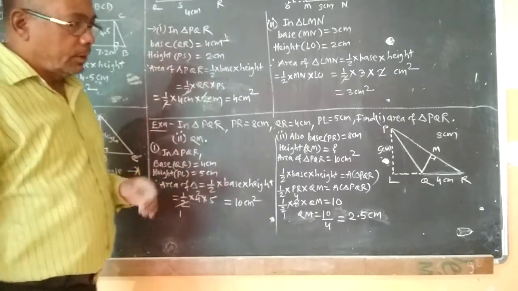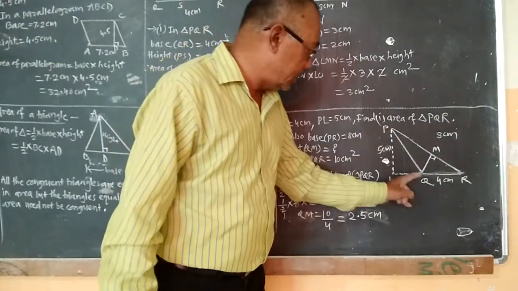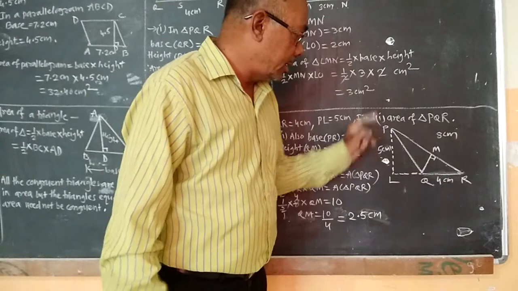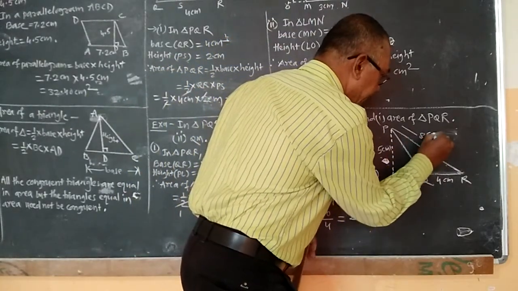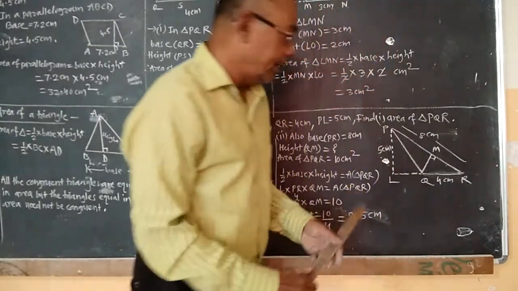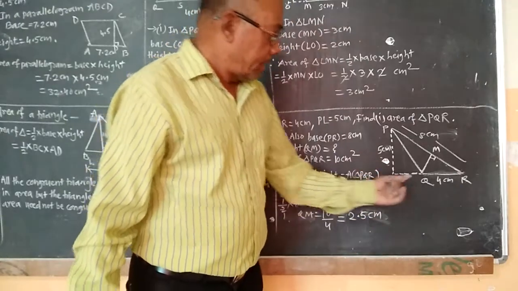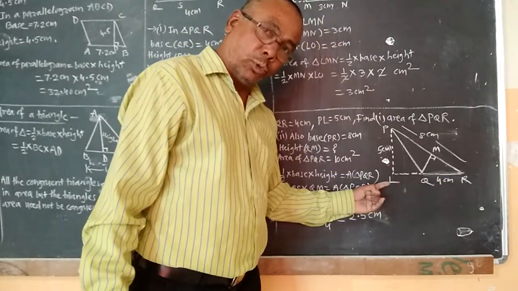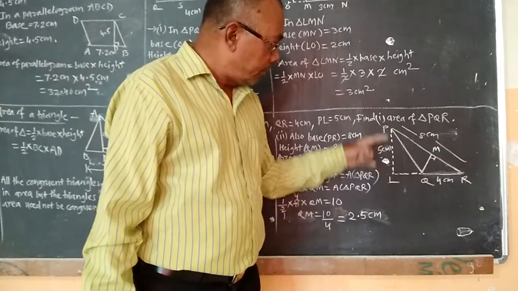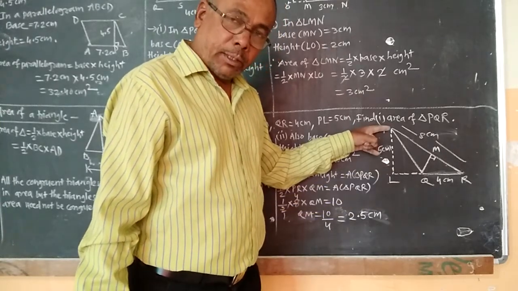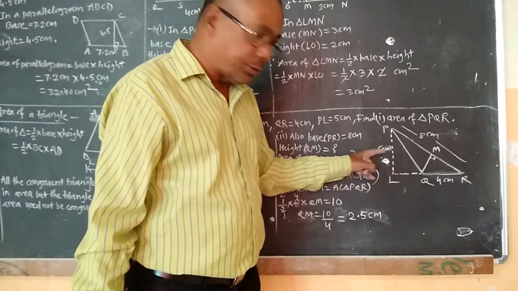Now first of all we will consider the figure. PQR is a triangle in which PR is given 8 centimeter, and QR is given 4 centimeter. Here RQ is produced to L, and from the vertex P, PL I have drawn the perpendicular, which is 5 centimeter.